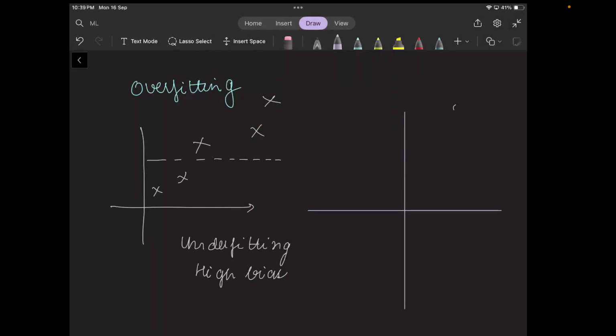On the other hand, if my curve would have been something like this, let's just take the same kind of data points, and if I fit a curve which is something like this, then I say that my curve is overfitting, or it has high variance.